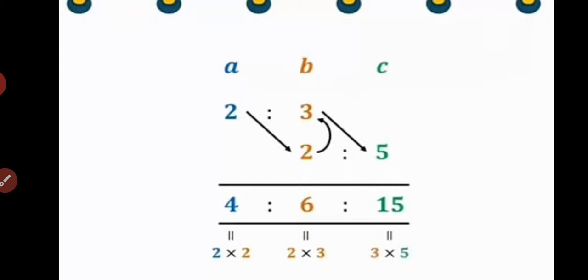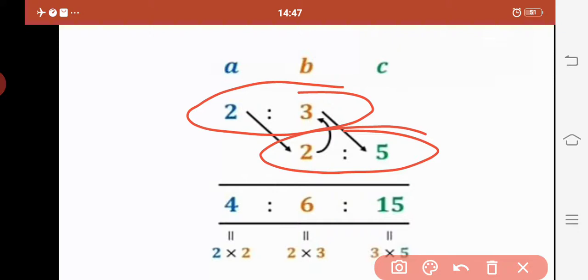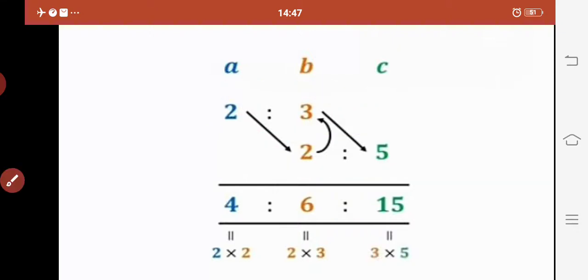For example, for the first ratio, A:B is 2:3, and for the second, B:C is 2:5. Now since the value of B differs in both the ratios, how are we going to solve? For calculating A:B:C, since it is continued, when the value of B is different, we will follow one trick.